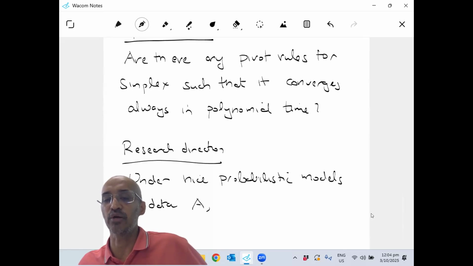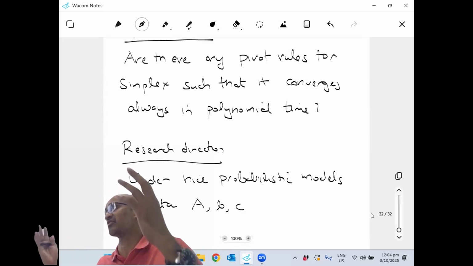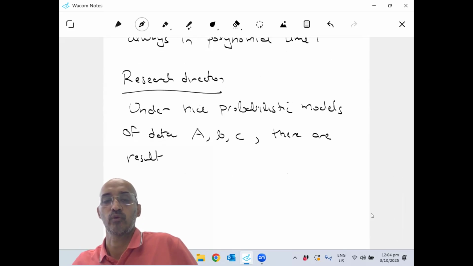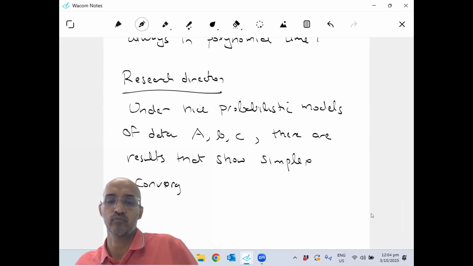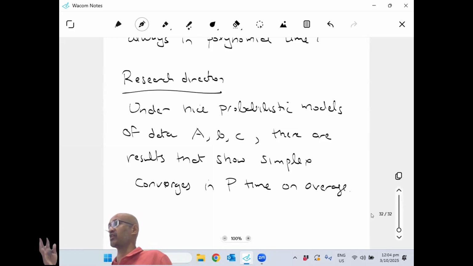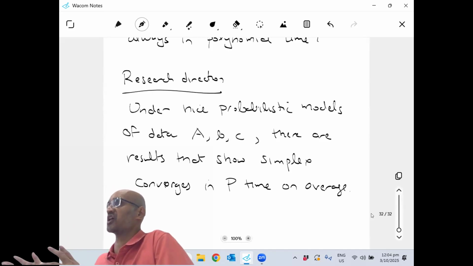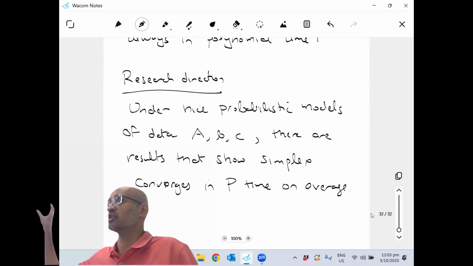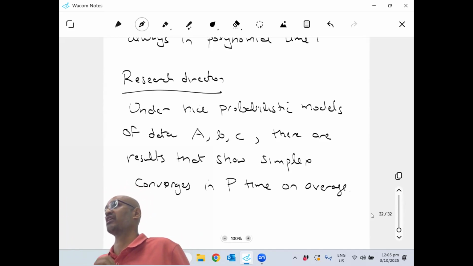If I tell you something about A, B, and C, under some nice probabilistic assumptions on these models, there are results that show simplex converges in polynomial time on average, whatever you mean by average. So there are results where you show that in the worst case it's exponential time, but on average it works in polynomial time. So simplex actually works quite well in practice, though some of those worst-case instances are extremely rare.